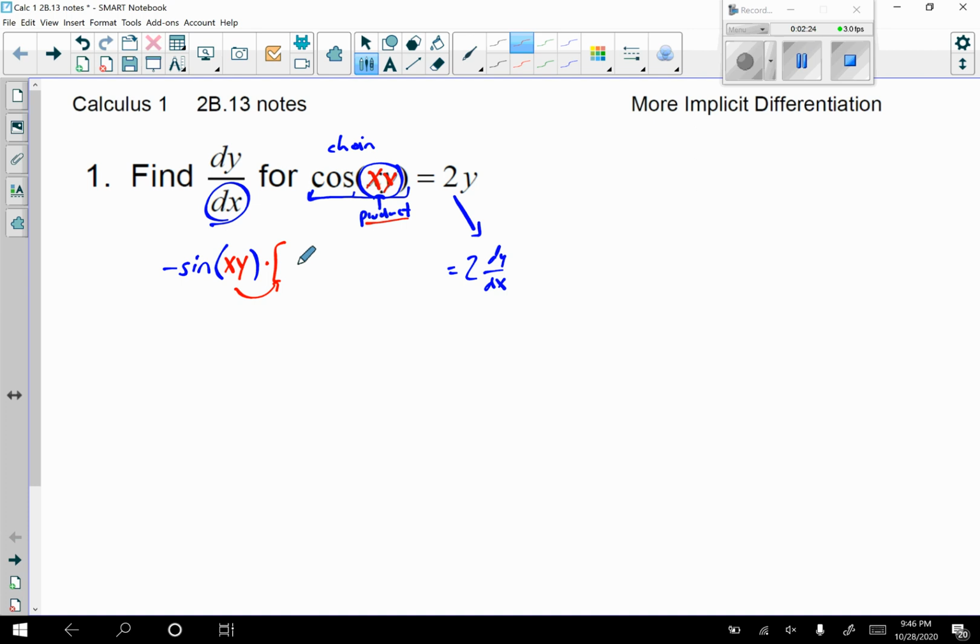That is derivative times original plus original times derivative of y, dy/dx. That is the product rule. Equals 2 dy/dx. Told you these get a little bit more complicated. So if you can follow the rules, though, you should have no problem kind of thinking through these.